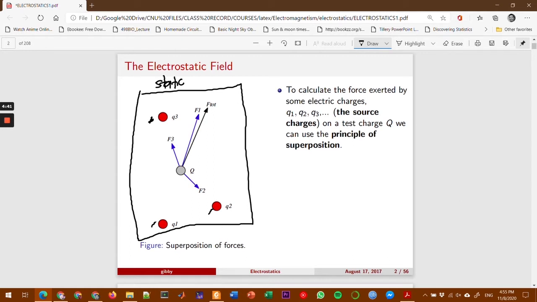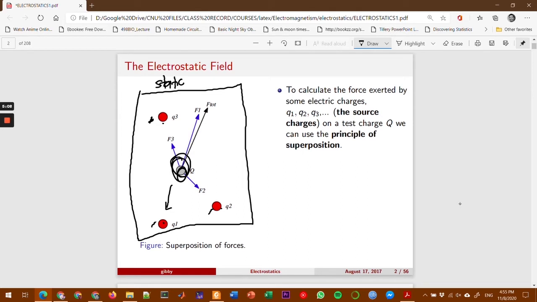So, in order for us to calculate ang force niya exerted by some electric charges, let's say these electric charges Q1, Q2, Q3, unsa ka ang mga forces nga nag-exert ani niya onto this object, right? Or this Q. And at the same time, kani pong Q nag-exert po siya og force towards this entities. Okay?